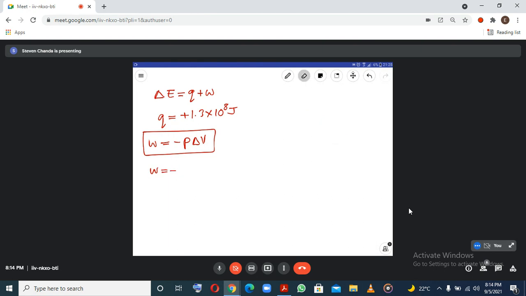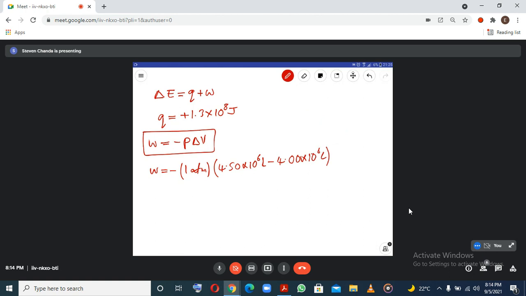So negative, and then we've got 1 atmosphere, that's the pressure. Then the change in volume is 4.5 times 10 to the power 6 liters minus 4 times 10 to the power 6 liters.